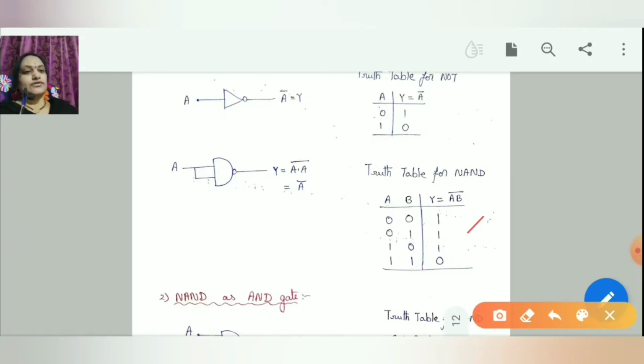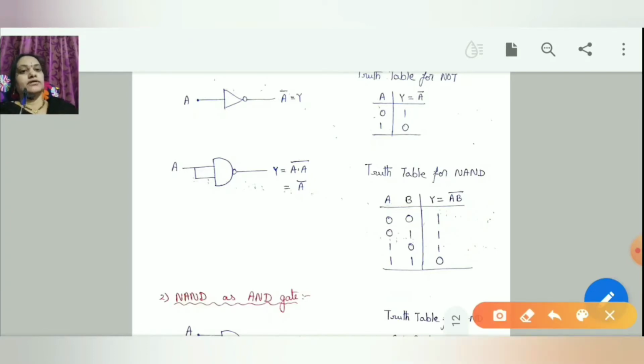From this truth table, you can find one thing, that if you give 1 1 as input, then you will get 0 as output. Or if you give 0 0 as input, then you will get 1 as output.